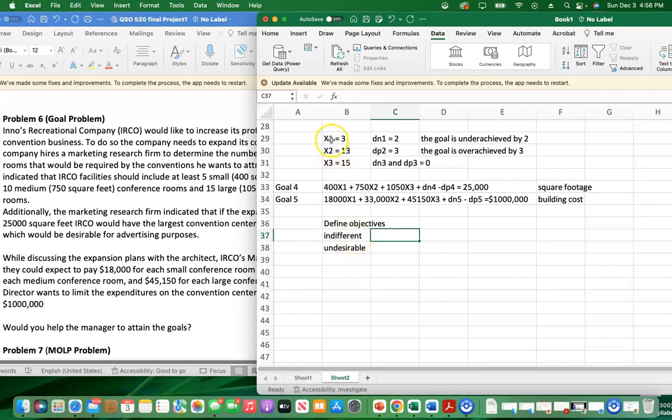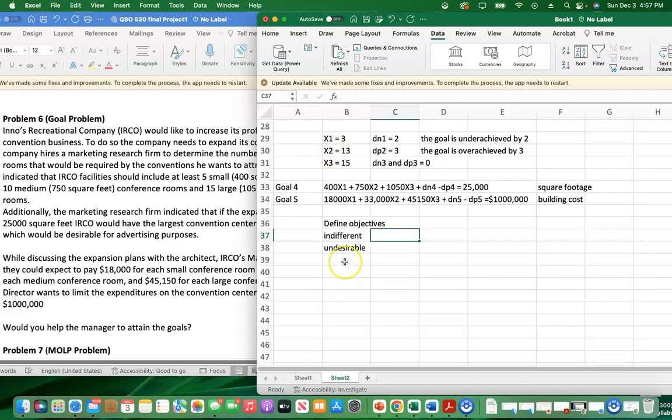Now let's look at X1, which is the small rooms. The company was expecting to get at least 5 rooms, but now it got only 3 rooms, and so it is something of a concern because it's not reaching the goal. And so we can say that outcome is undesirable.